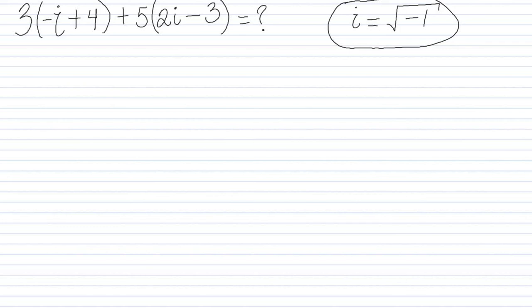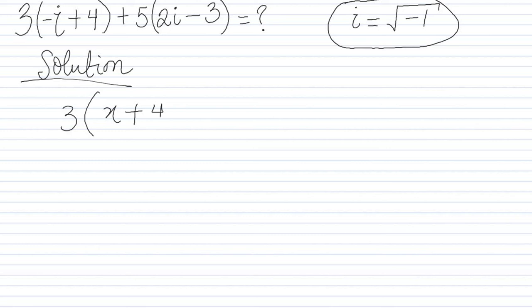So basically, we have this information, and I want you guys to, first of all, not be too scared and approach this question as if i is a variable, even though i is not a variable. So for example, if we're given 3 open brackets x plus 4, this is the same thing as saying 3x plus 12, because you expanded by multiplying what is in front of the bracket through all the terms within the bracket.